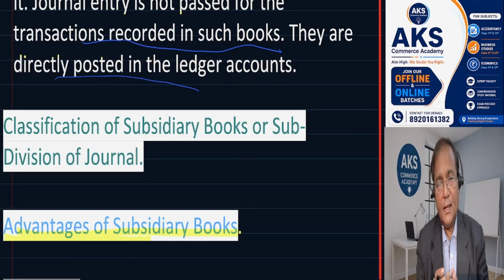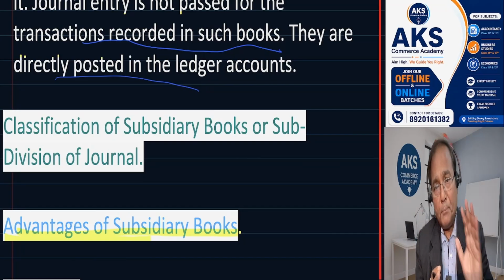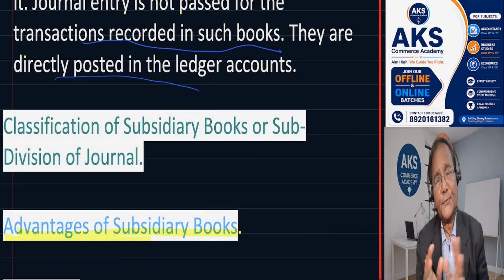For example, let's say purchase book is maintained, and purchase and credit purchase nature transactions are entered in purchase book. Now there will not be a purchase account separately maintained, because this book itself serves the dual purpose, being the prime original entry as well as the ledger.